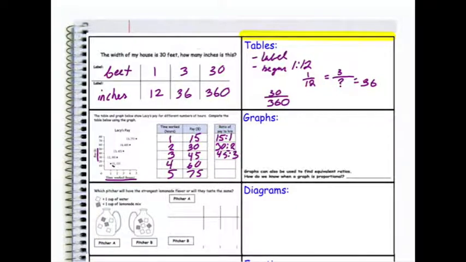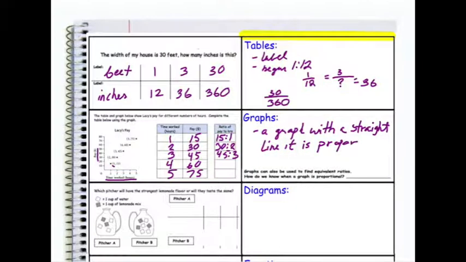When I look at the graph, as long as a graph has a straight line, it is proportional. And that can be a straight line in any direction, right?